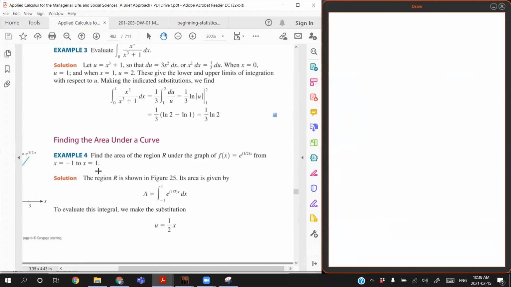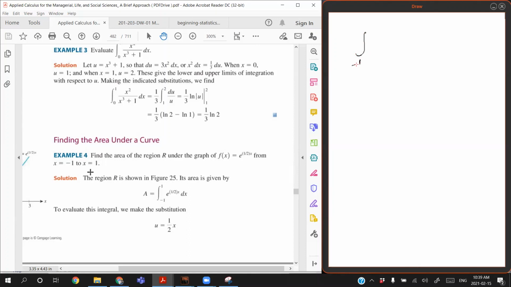So for example 4, which is asking us for the area of a certain region, it says that f of x is e to the power of x over 2, and we're given the two vertical lines, x equals -1 and x equals 1.